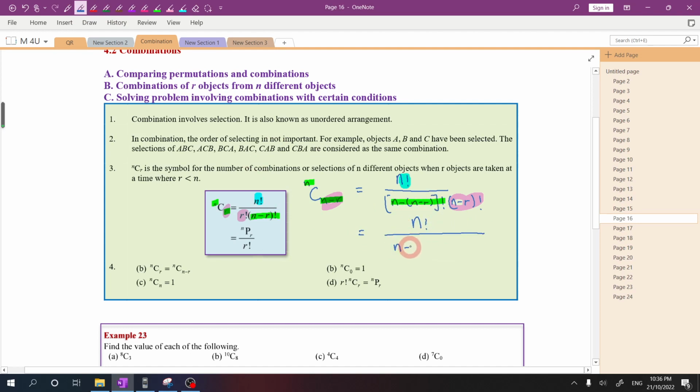It will be n minus n plus r factorial and n minus r factorial. Okay, so n minus n will give you 0. Eventually, we will only have r factorial, n minus r factorial. You see, these both are actually the same. Okay, let me give you more examples so that you understand more about these properties.